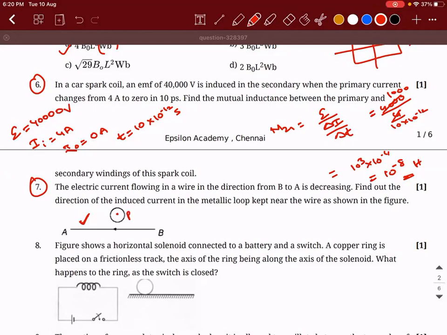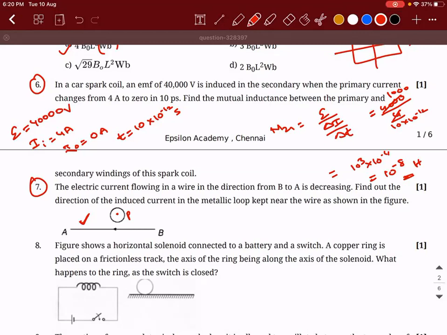So what is the magnetic field at point P due to this current carrying conductor? Use right hand thumb rule and tell. Outside the plane.